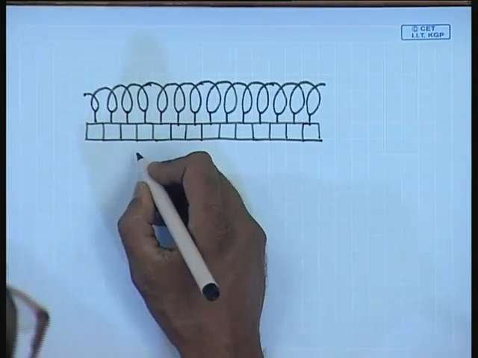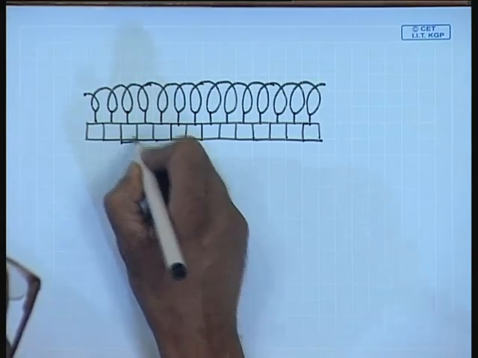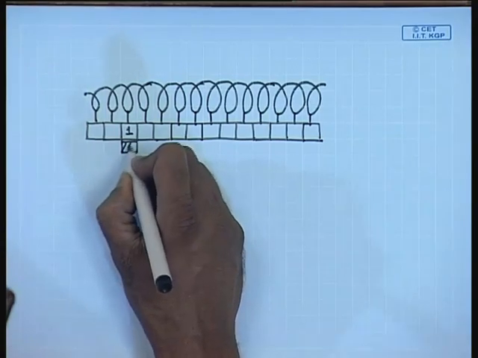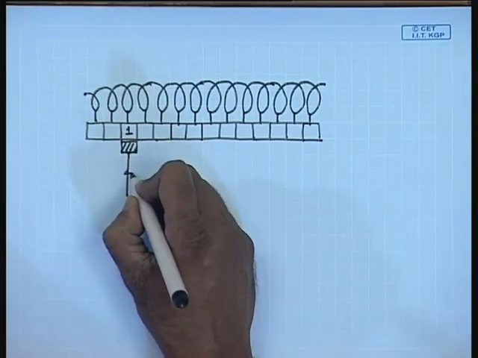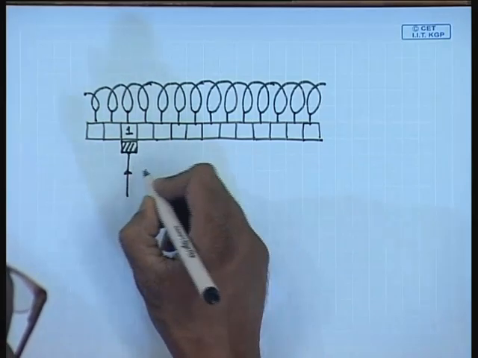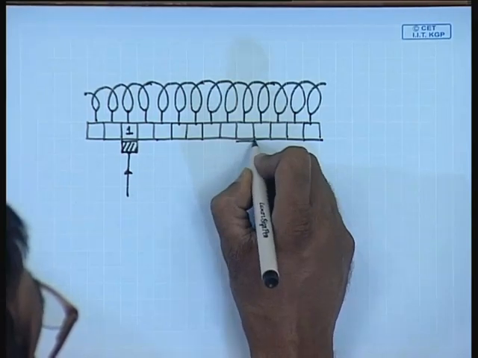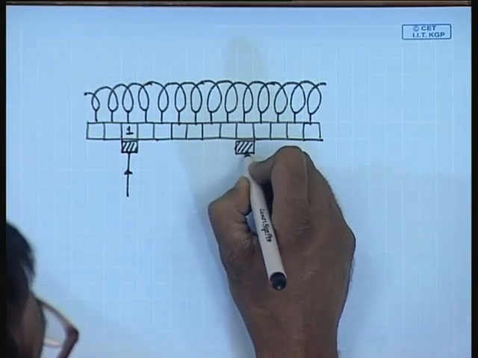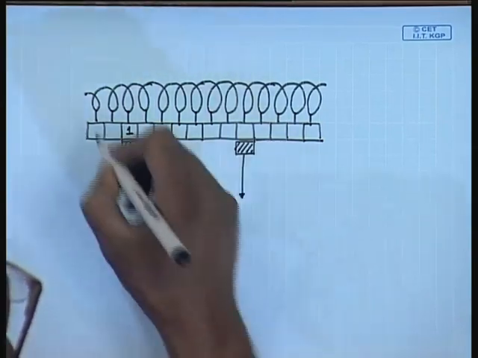So, let us say at any time a brush is in contact with commutator number 1, carrying a current into it, and the other brush, let us say, is here, one pole pitch apart, carrying out the same current.